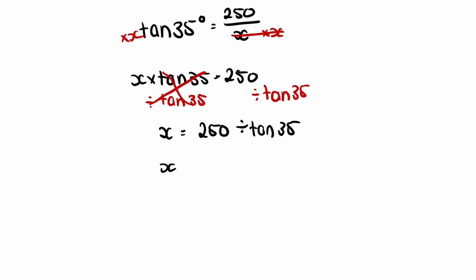Now we get our calculator and do it. 250 divided by tan of 35 gives us 357.04. Two decimal places because we're going to the nearest centimetre, and then it's in metres.